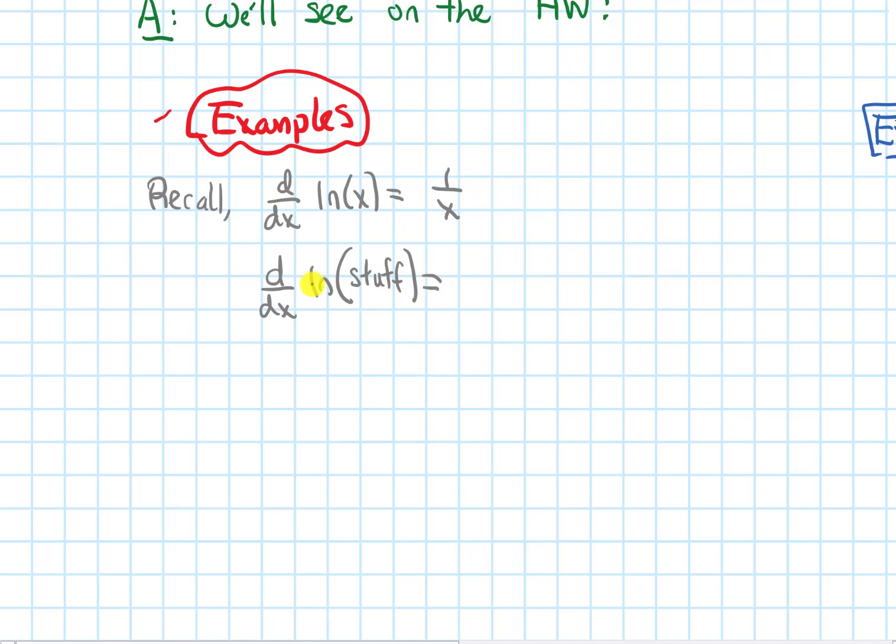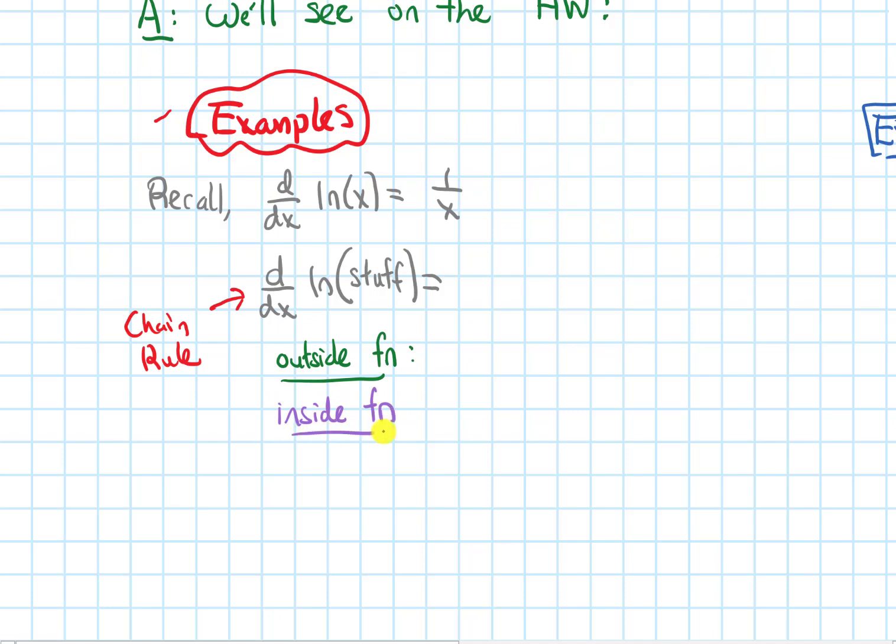Okay, and here I have an outside function, it's ln of x, and I have this inside thing, this stuff. So this is going to involve the chain rule. So let's explicitly write what our outside and inside functions are.